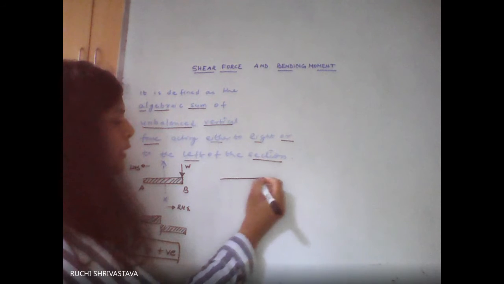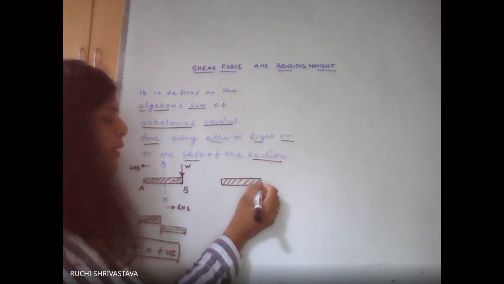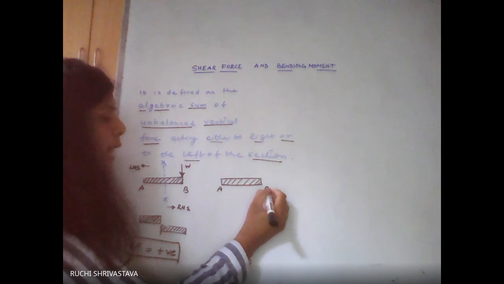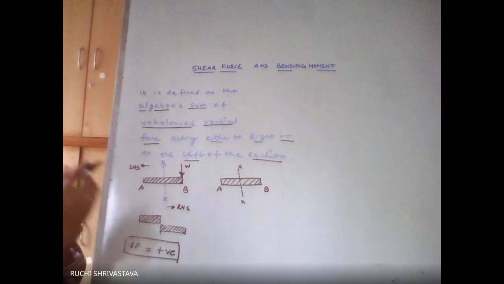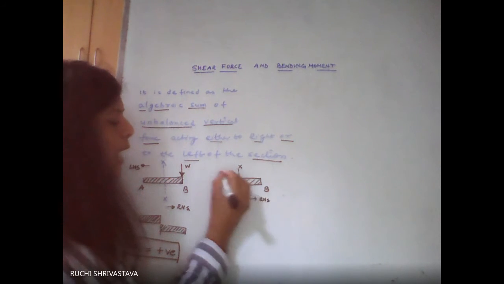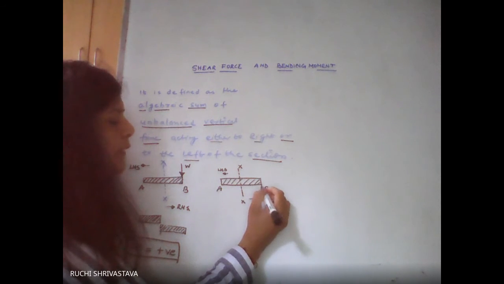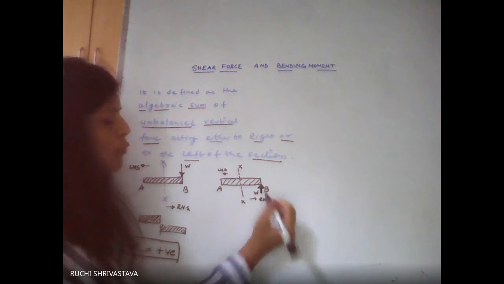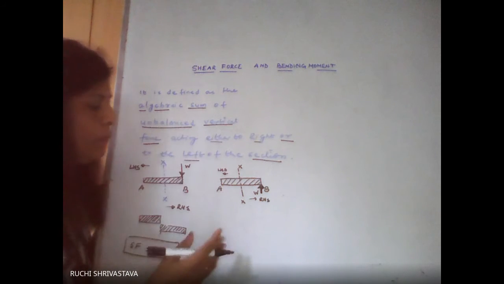Again, suppose we have this particular section AB with a section XX. This section again divides the beam into two parts, the right hand side and the left hand side. Now the force on the right side is acting in the upward direction. Because of this force W, the right portion will be pushed in the upward direction.